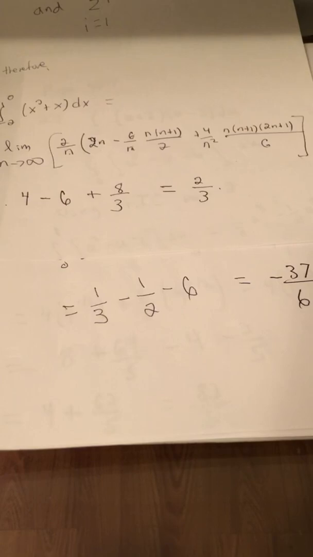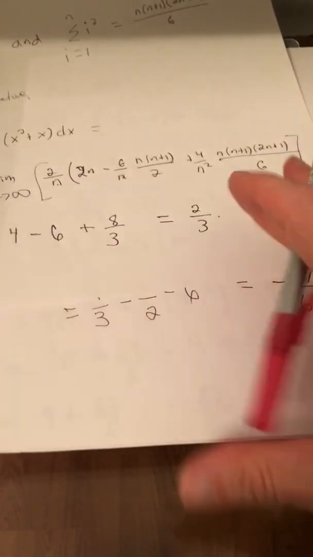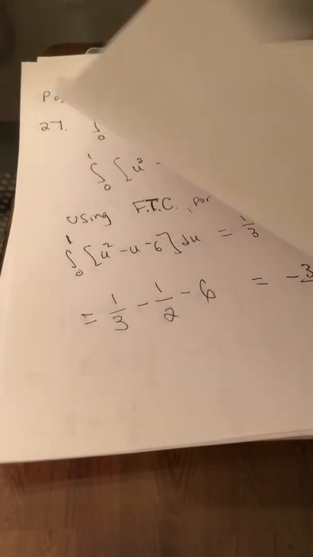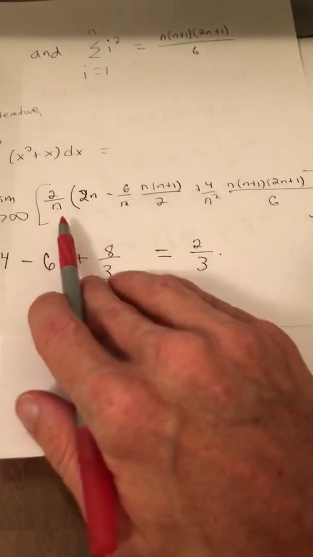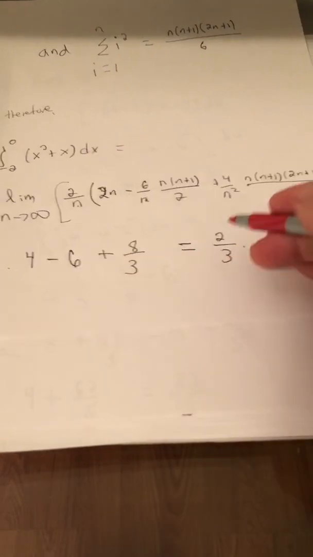So all you really care about is the ratio of the leading coefficients. You can work out the details that are missing here. The result is going to be 2/3.